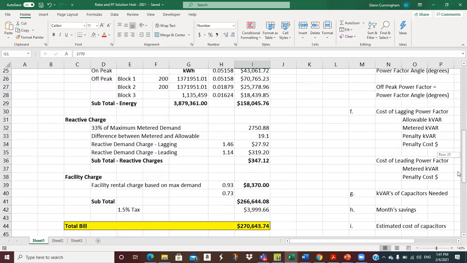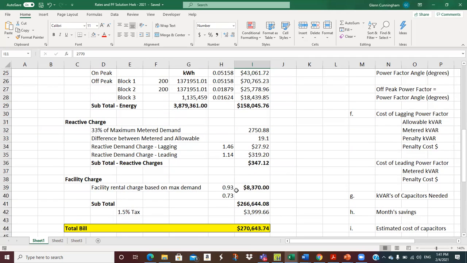Okay, facility charge. Oh Lord, I could have blown this one too. This one's a little easier. It's your contract demand times 93 cents, I believe. And they have a sliding scale if it goes above 10,000; you have to break it up in pieces, but this one didn't.